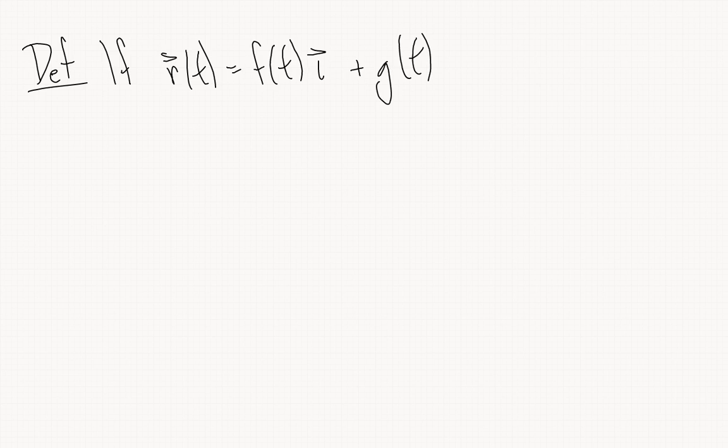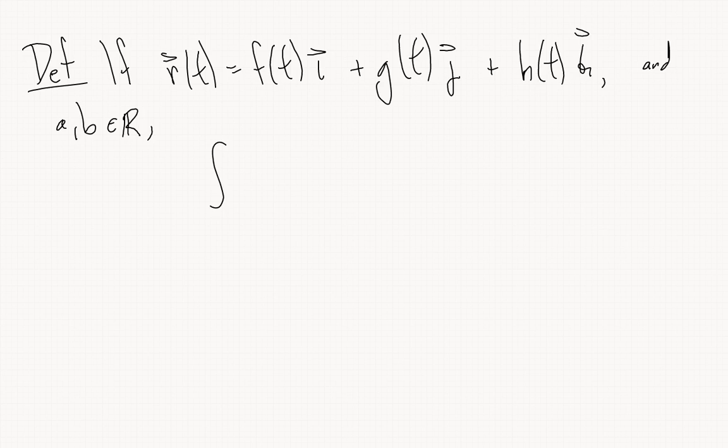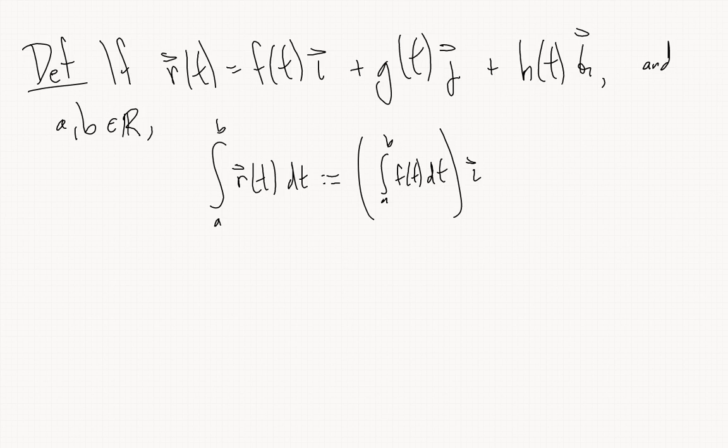Next, let's talk about definite integration. If r of t is a vector function with components f, g, and h, and a and b are real numbers, so the bounds of our integration are still scalars, then the definite integral from a to b of r of t dt is defined to be just the definite integrals of all the component functions times the appropriate vectors.